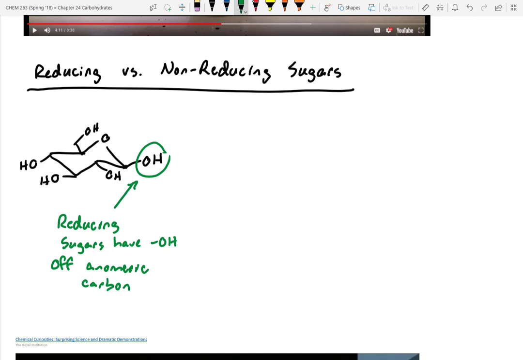And let's take a look at why they're called reducing sugars. It's important to remember that sugars can exist in their closed chain and open chain form. So let's open this up into the open chain form. So for D-glucose in the open chain form, I'll draw it in the Fischer representation rather than bond line notation.